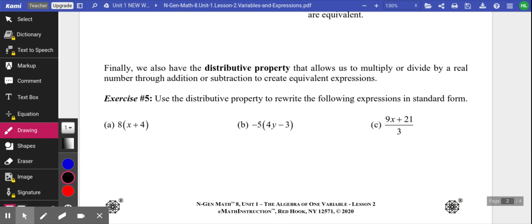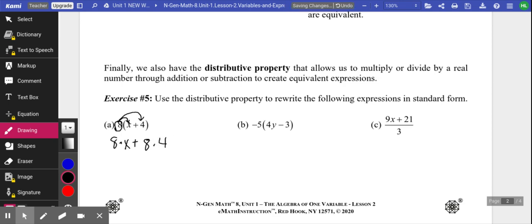For the distributive property, you are going to take the number in front. So for A, I'm going to circle the 8, and I'm going to multiply it by each of the terms inside parentheses. So I do 8 times x plus 8 times 4.